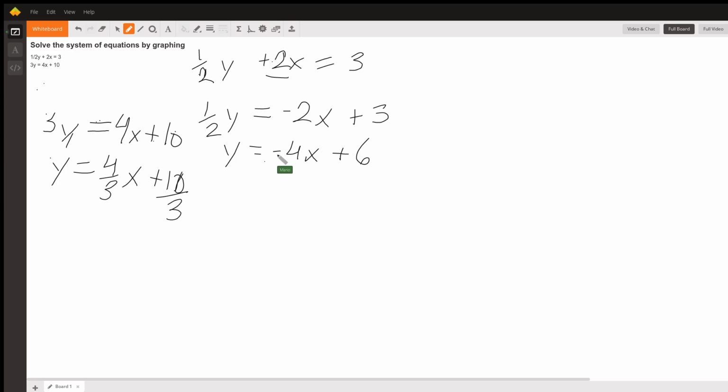So now what we can do is take these two equations and just graph them and see where they intersect. So what I'm going to do is I'm going to make a little bit more room here.